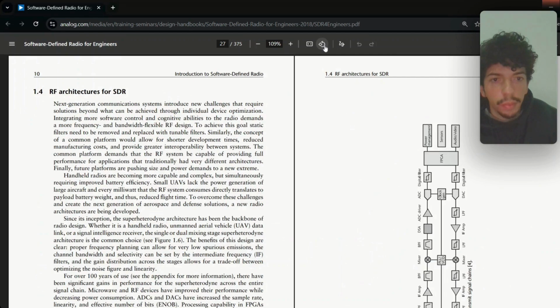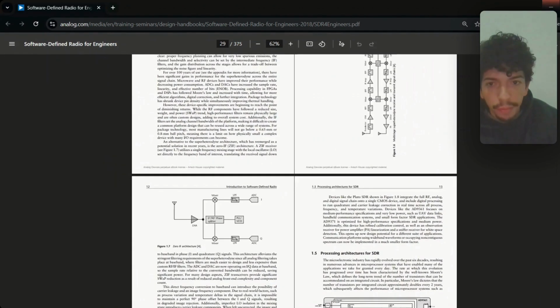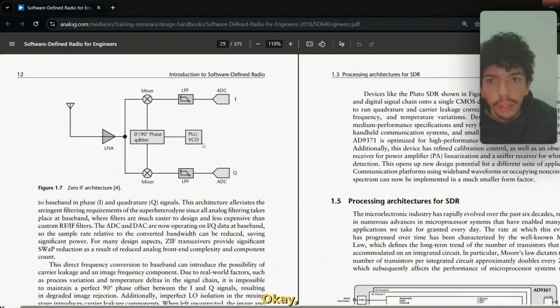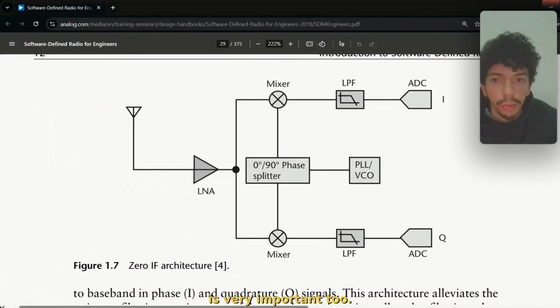Let's go to the next figure. Okay, this figure is very important too. Figure 1.7, zero IF architecture. In this we have an antenna, LNA, mixers, okay, and LPF or low pass filter too. In this center we have PLL VCO, oscillator controlled voltage.